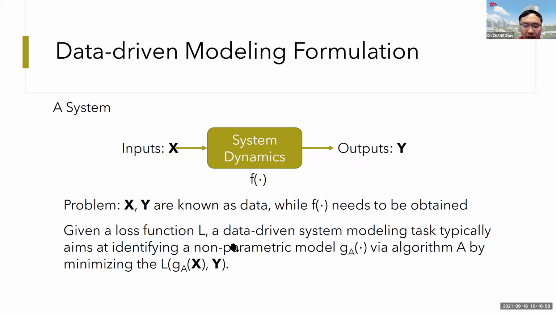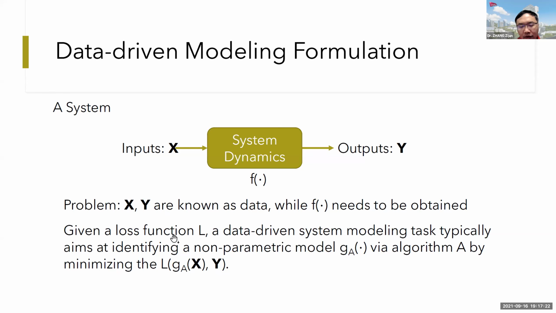If the model can output Y as accurate as the observations, then we say the model is well developed and the model can represent the real system dynamics. Such a distance measure between the observed and estimated Y is called the loss function L.